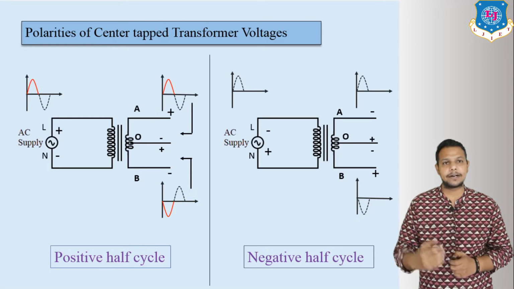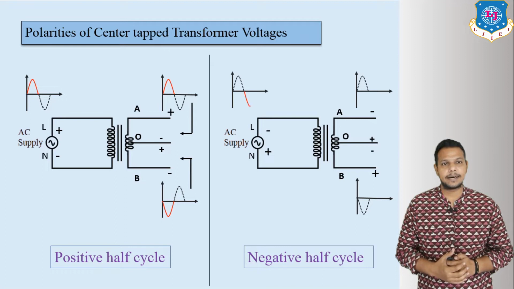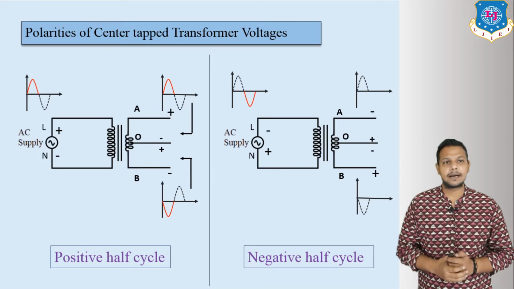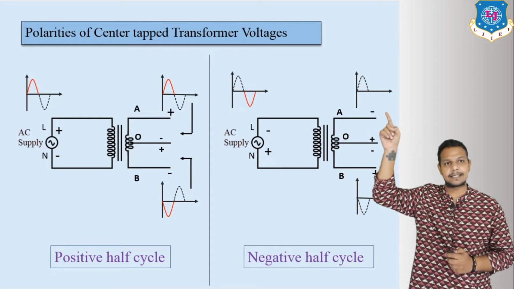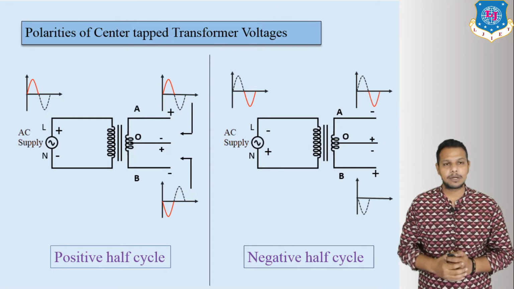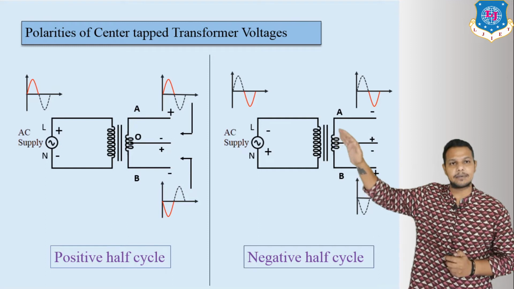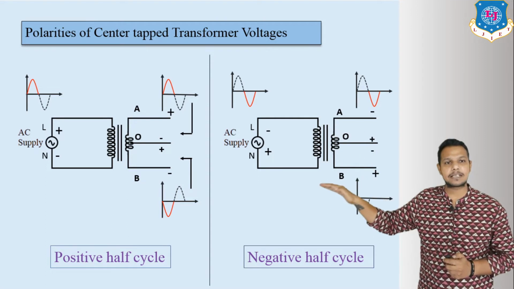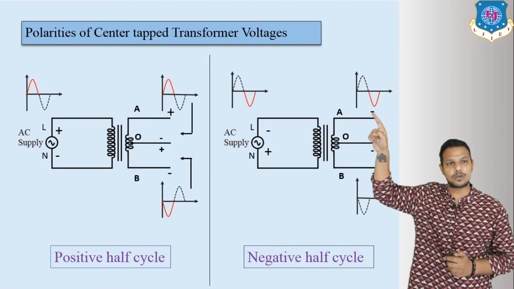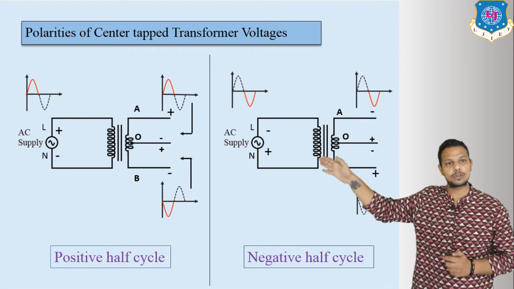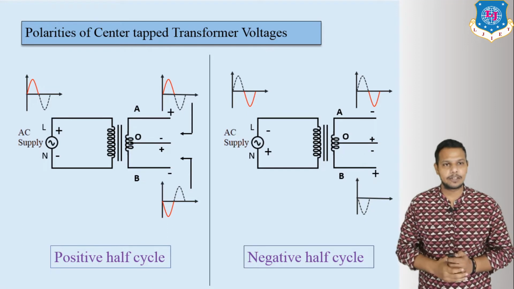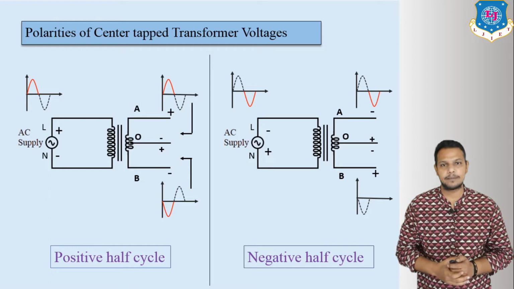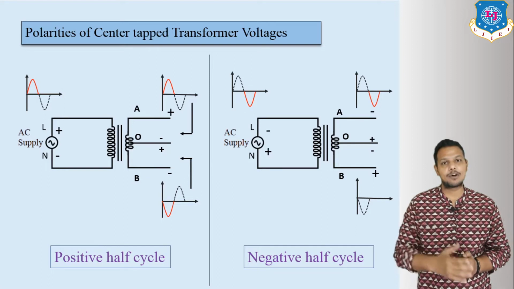If we enter the negative half cycle, we will get a negative half cycle at VAO, because the polarities are the same: minus and plus at the input side, and minus and plus at the output side. So both polarities are the same, and we get the same waveform from the output side.